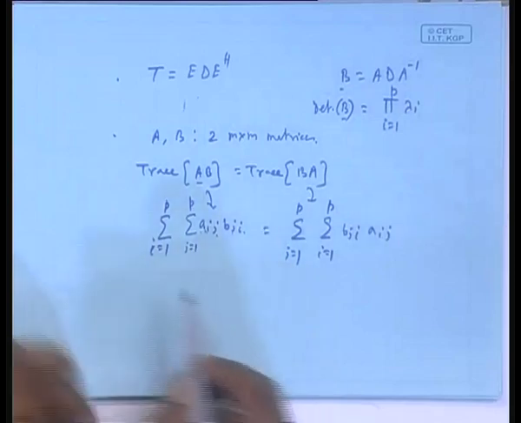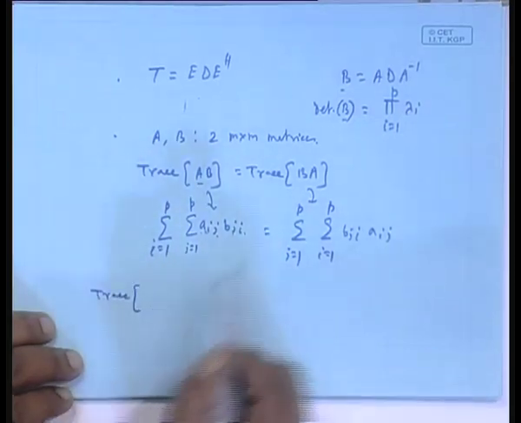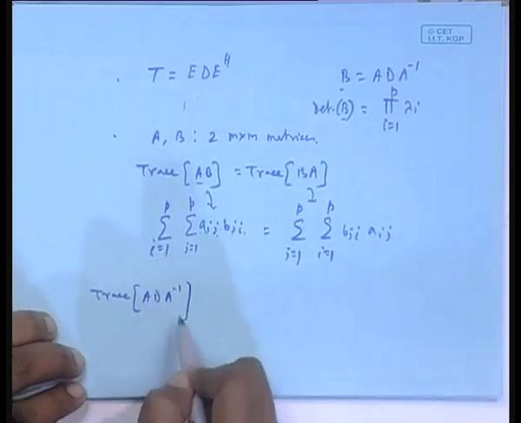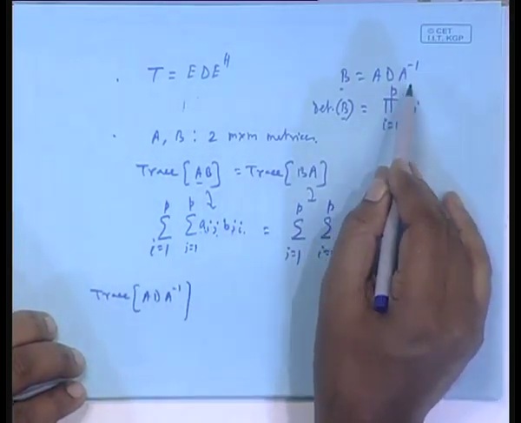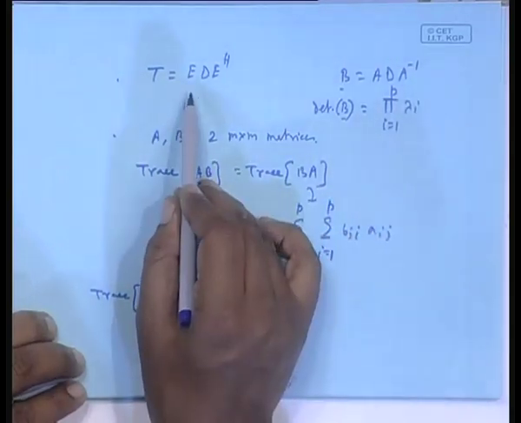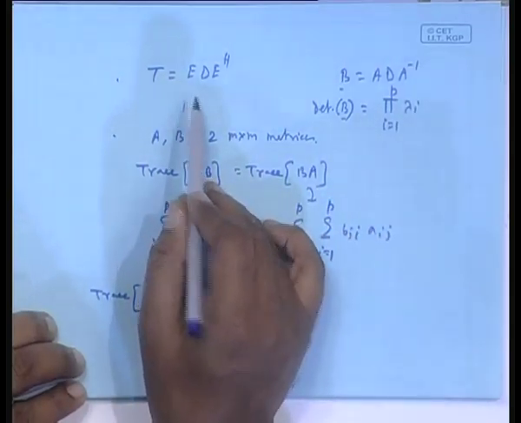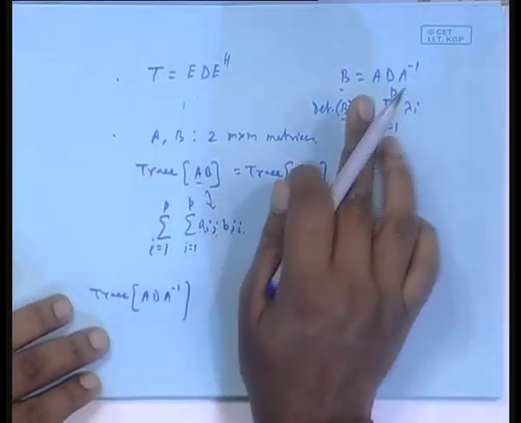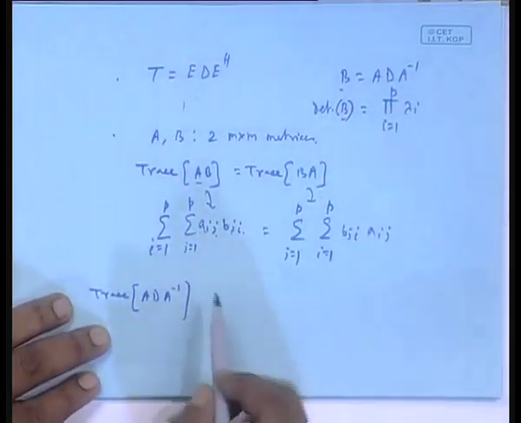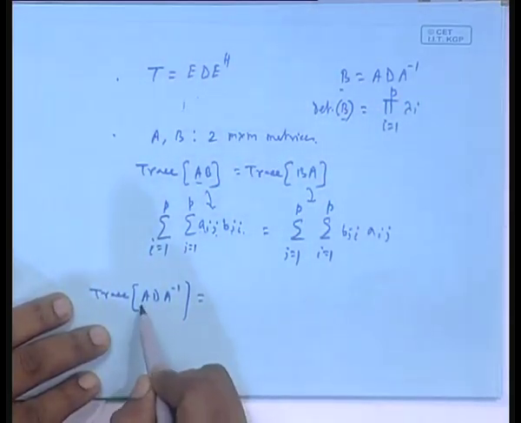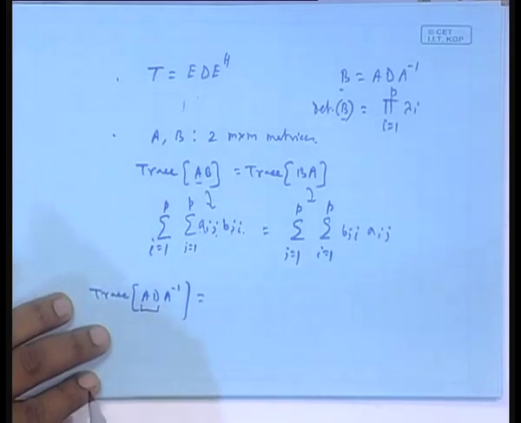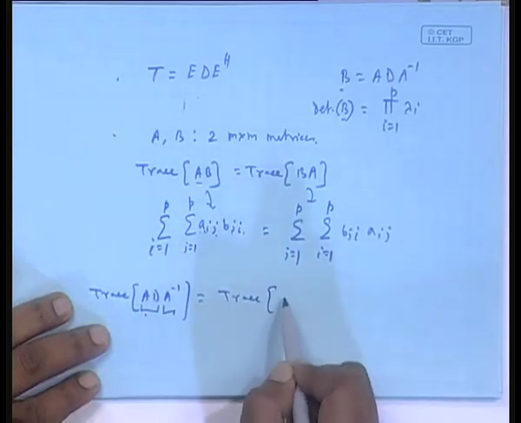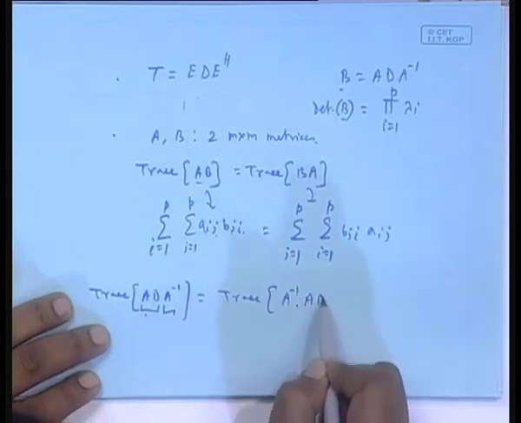What does it imply here? Trace of, in general, A D A inverse. Again I am trying to give a more general case, A D A inverse, instead of here. Whatever is true for this is true for this, do you agree? So A into D is a square matrix. You break it like this: trace of this into this is simply trace of A inverse into AD.